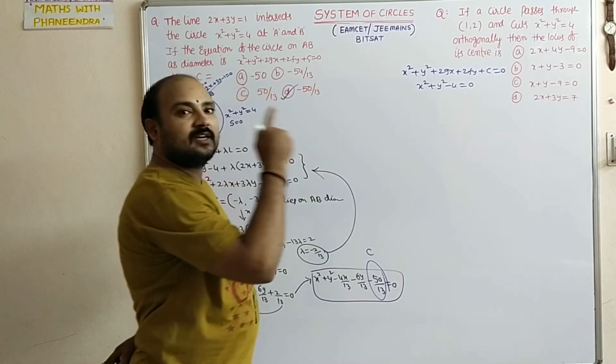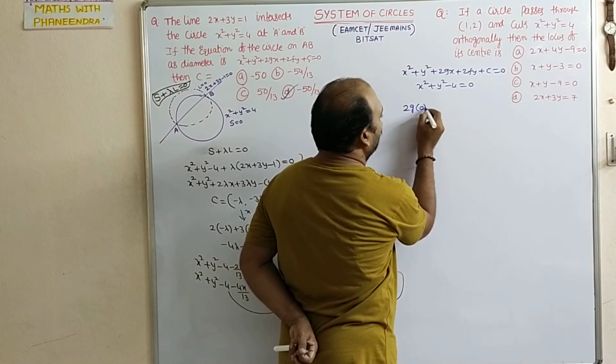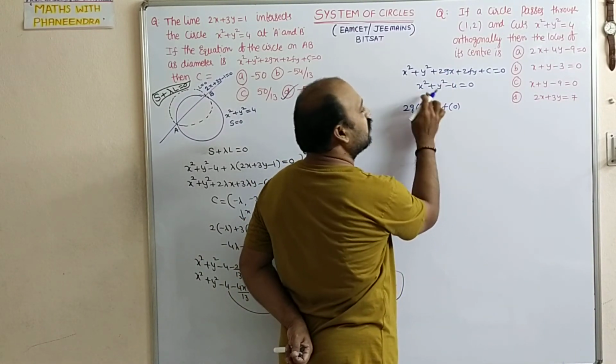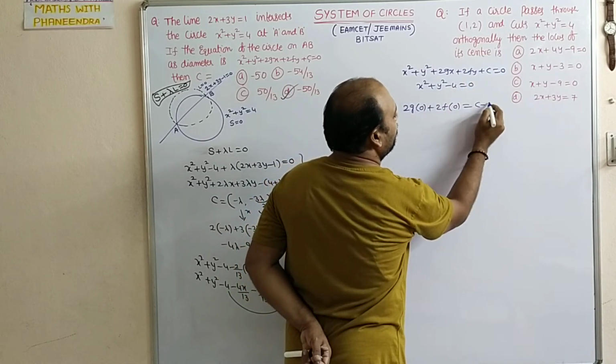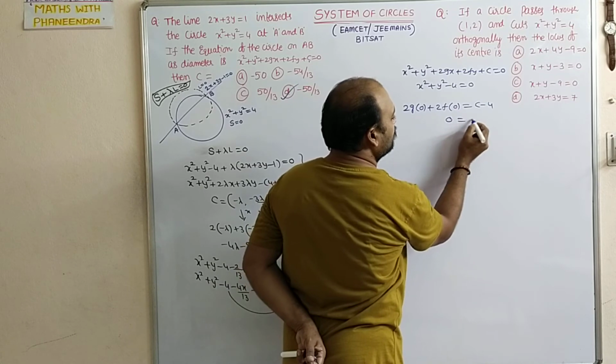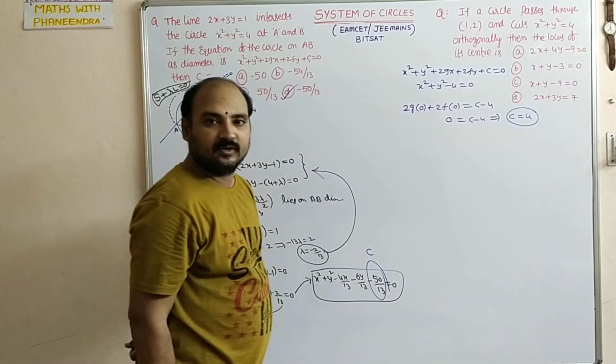These two circles cut orthogonally, so 2g·g' + 2f·f' = c + c'. Here g' and f' are 0, so 0 = c - 4. So c = 4. We got the value of c.